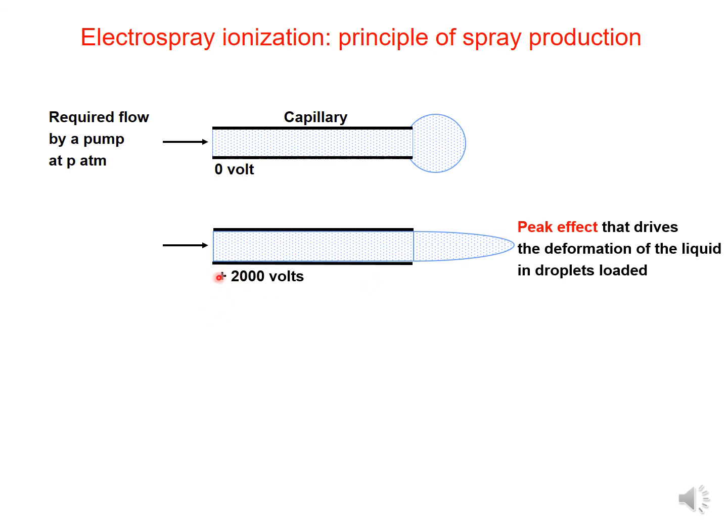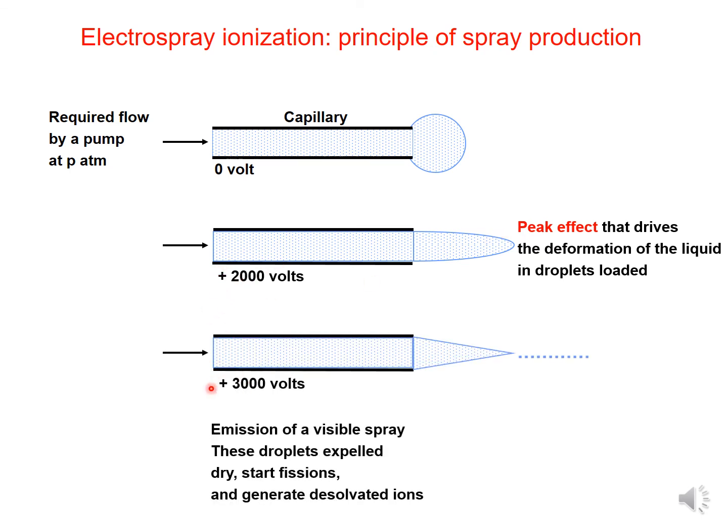And if you apply the good voltage, here this is 3000 volts, in that case we obtain at the end of the droplet the emission of a visible spray. This droplet expels drops, starts fission, and at the end generates desolvated ions.